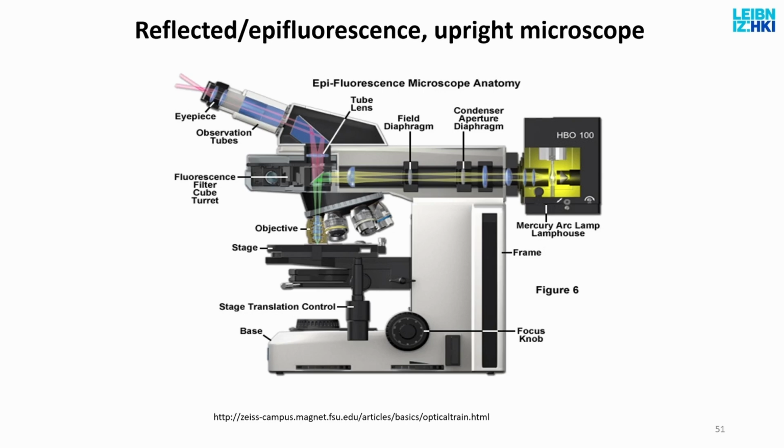And then you need a special mirror here which reflects the excitation light, but does not reflect the emission light. And this will go to the camera or to the eye. This is then called a reflected or epifluorescence light path with an upright microscope.